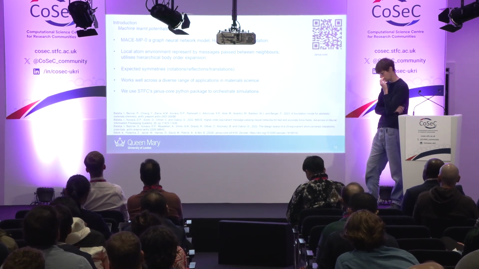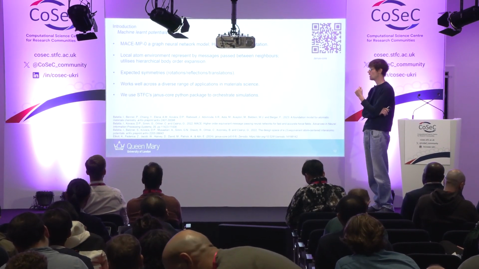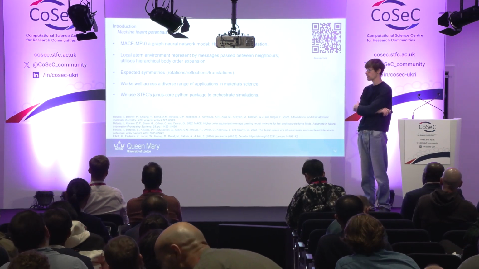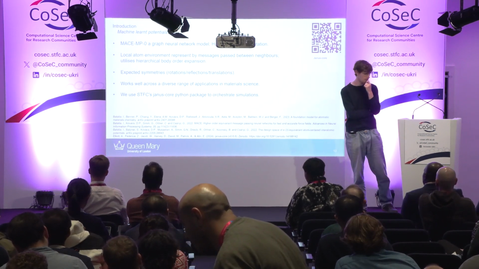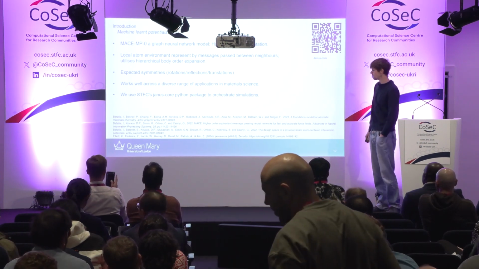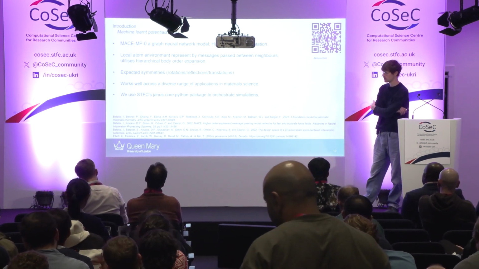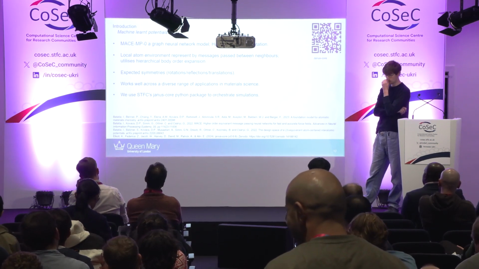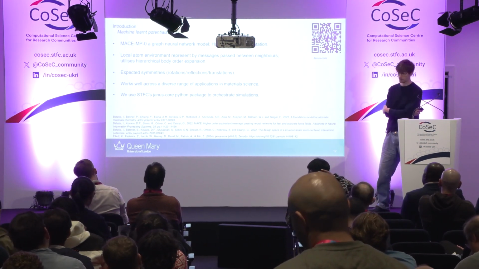You're interested in the local environment around any particular atom, and its own properties, which are then message passed to other neighbors to some cutoff in the topology of the atomic environment. This is done in such a way that the features include the symmetries you would expect. As I've said, this works across a diverse range of chemical elements and molecules. For this, we're going to use STFC's Janus core package to orchestrate these simulations and make it quite simple to work with them.